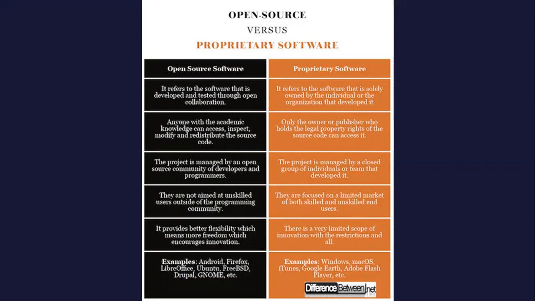They are focused on a limited market of both skilled and unskilled users. There is a very limited scope of innovation with all the restrictions. Some examples are Windows, Macintosh, iTunes, Google Earth, Adobe Flash, etc.